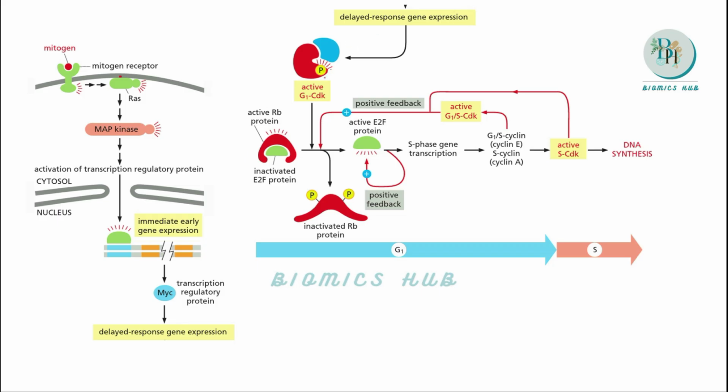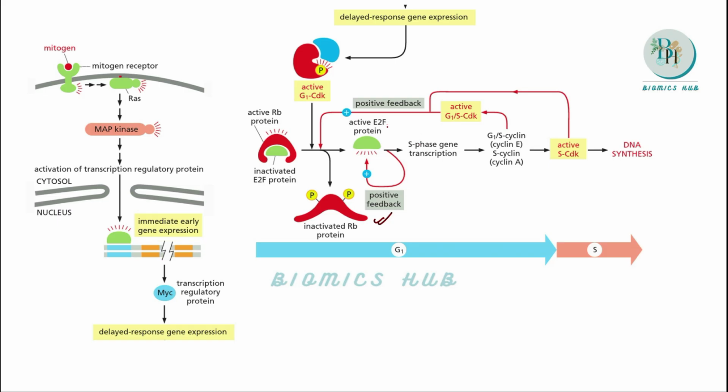This complex phosphorylates RB, which was binding with and inactivating E2F. When the cyclin-CDK complex helps in the inactivation of RB, RB is now in the inactive form.